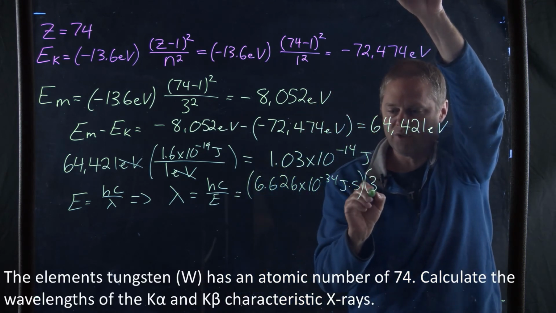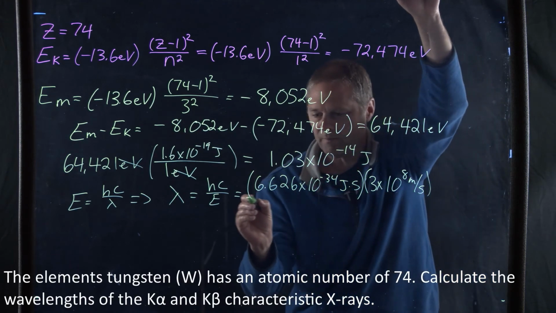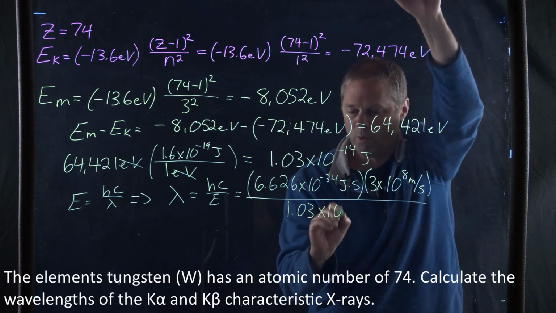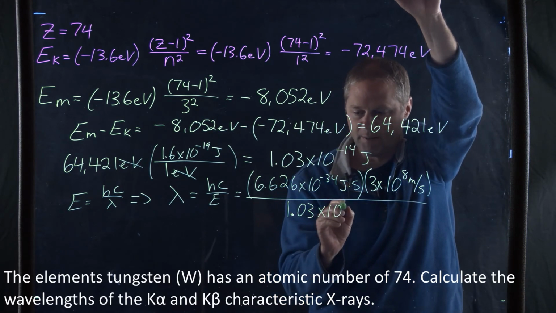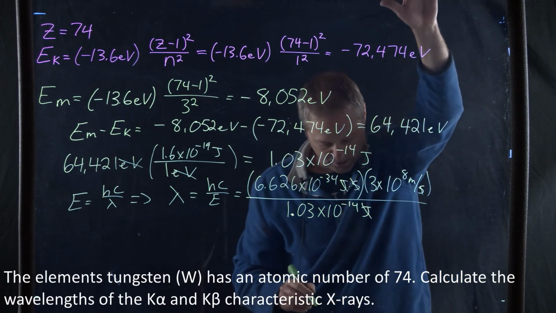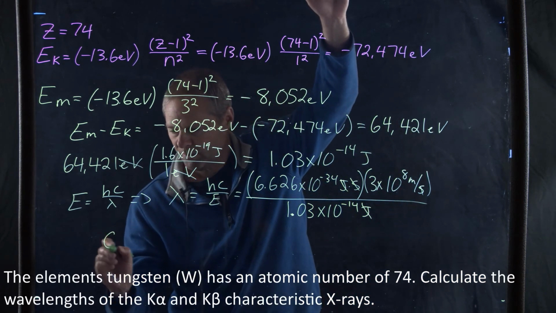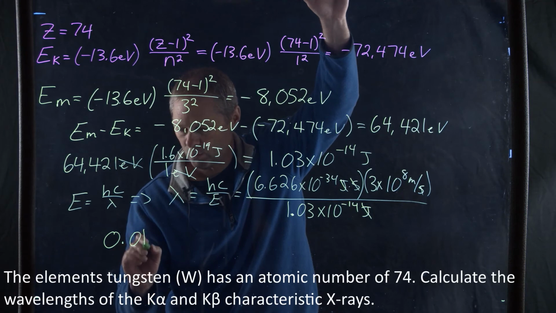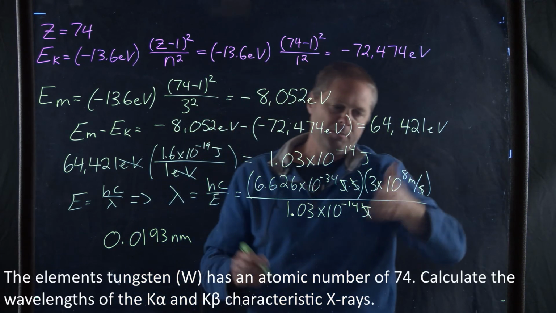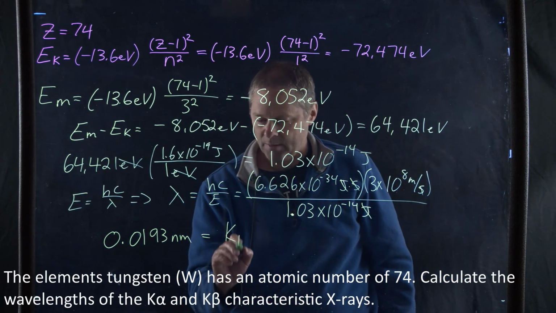Times the speed of light, 3 times 10 to the 8th meters per second, divided by our energy that we just found above, 1.03 times 10 to the minus 14th joules. Joules cancel, seconds cancel, we're left with units of meters. We do this arithmetic and find that it is equal to 0.0193 nanometers. This would be in meters, but I already converted into nanometers. And this is our K beta line.